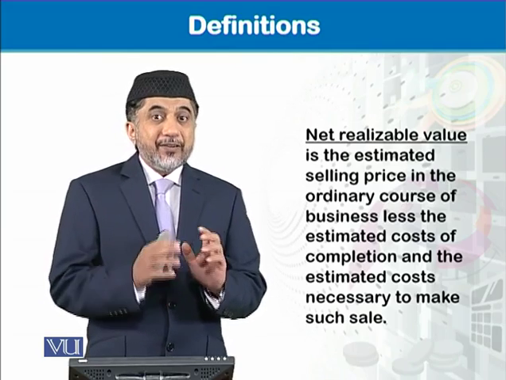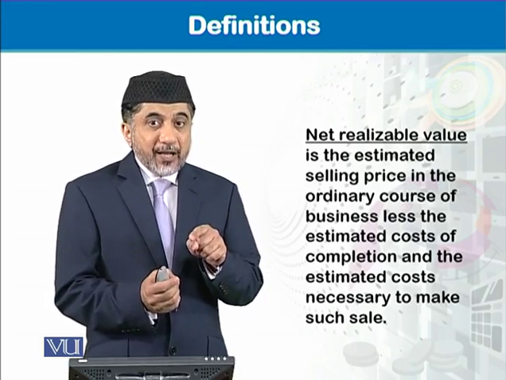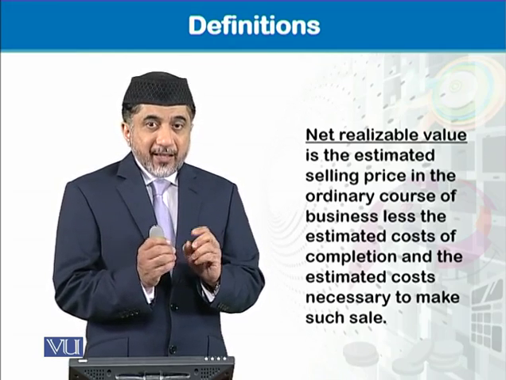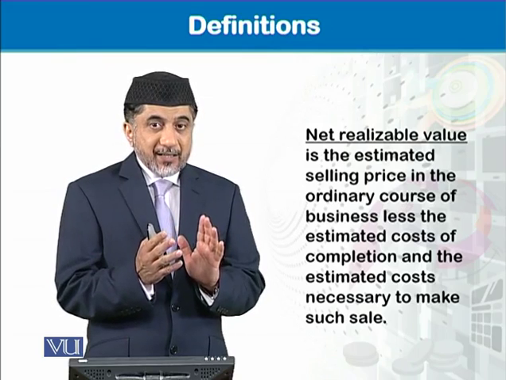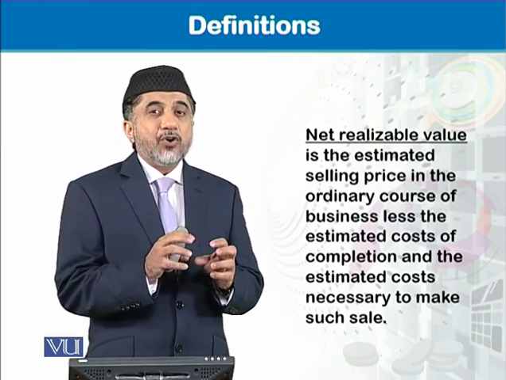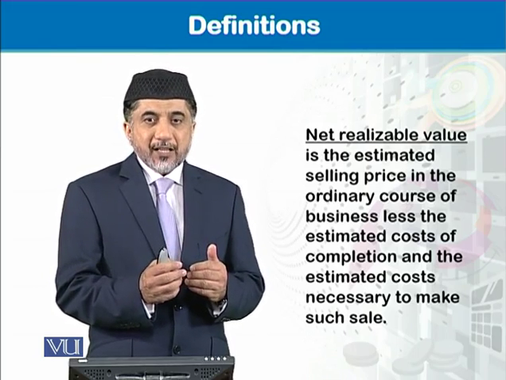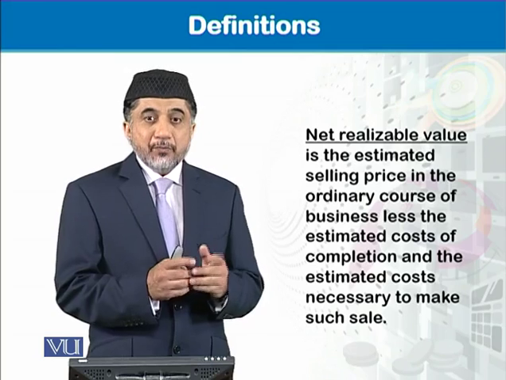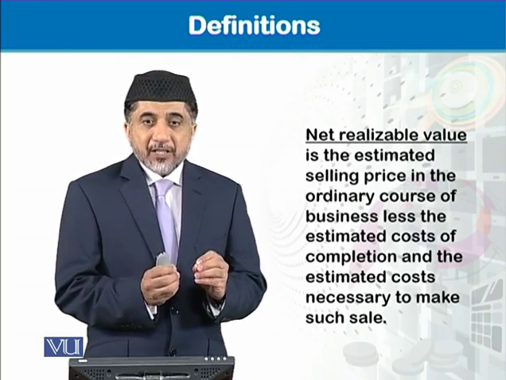See, it is not realizable value only, it is net realizable value. That's why we are subtracting two costs from the estimated selling price. One is the estimated cost of completion of that inventory, and the second one is the estimated cost to make such sale. Look, what is the estimated cost of completion?